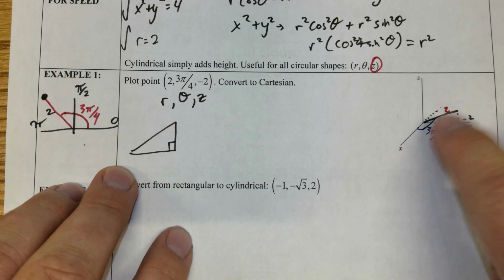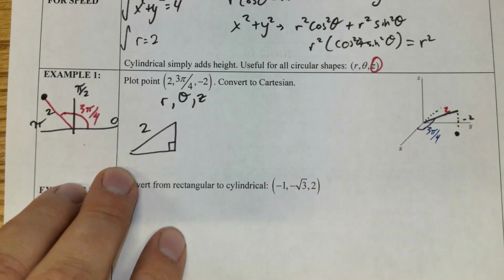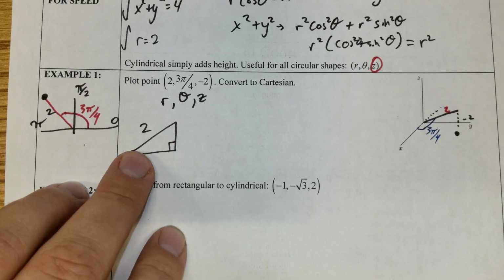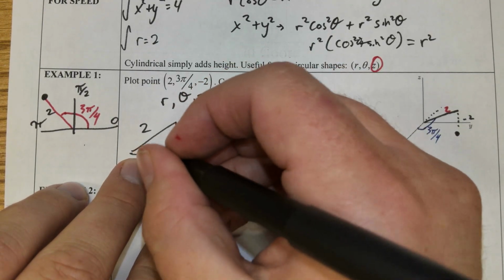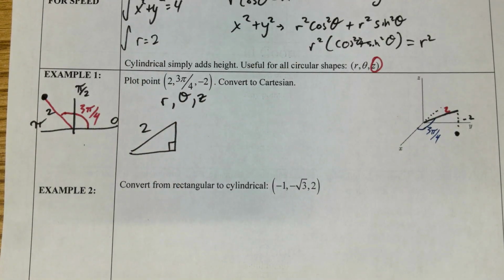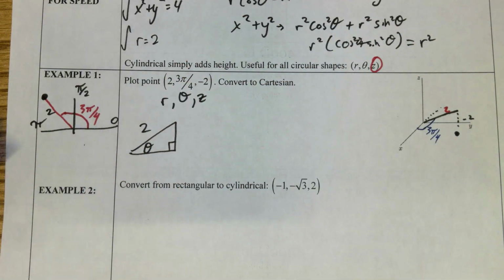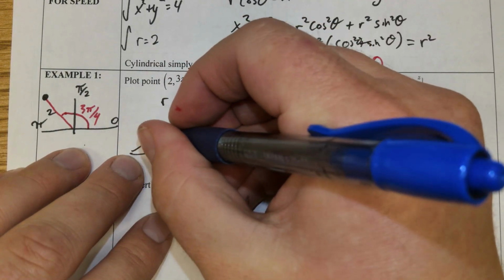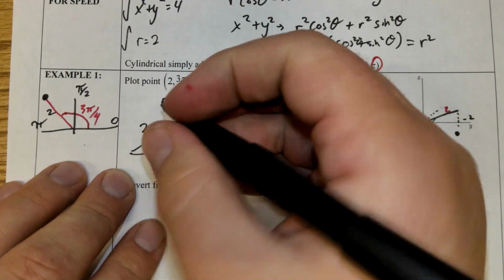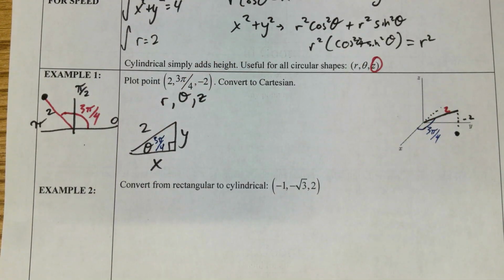So we can see that this is 2, but I'm not going to really put 3 pi over 4 in here. I can, but you know it's a horrible misrepresentation. That 3 pi over 4 is an obtuse angle. It wouldn't fit here, but the triangle always holds no matter how yucky the value is.